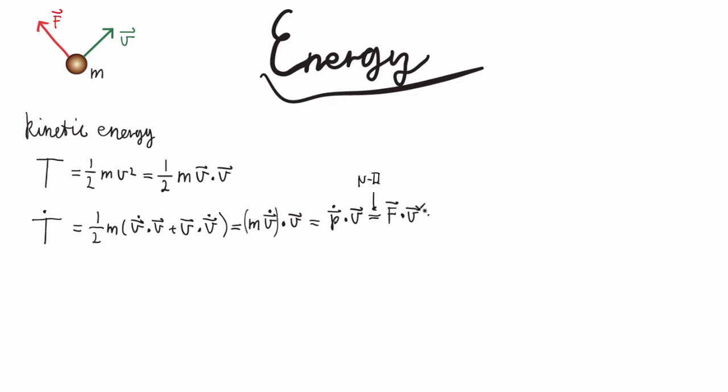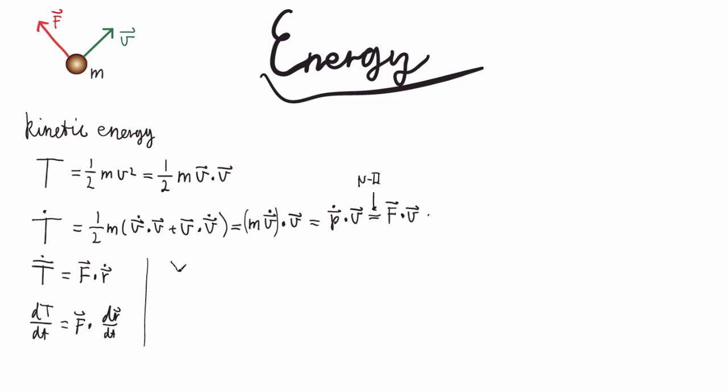So basically what we obtain is that T dot equals the force scalar the time derivative of the position vector, r dot. And this is the same, of course, as dT/dt equals F scalar dr/dt.